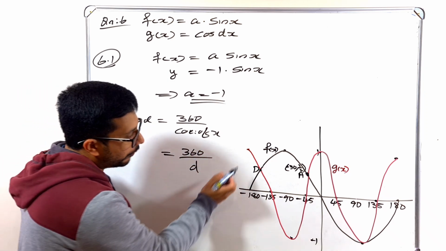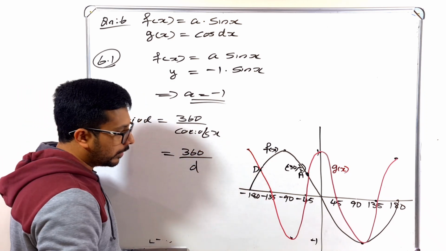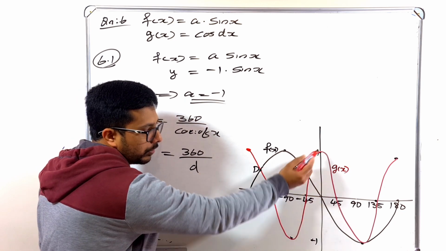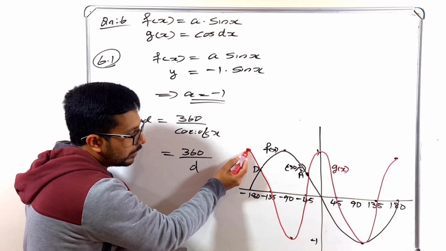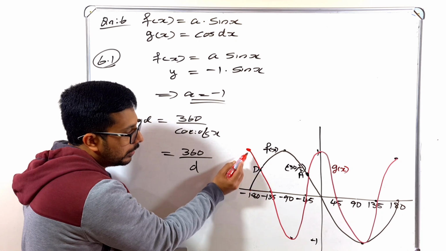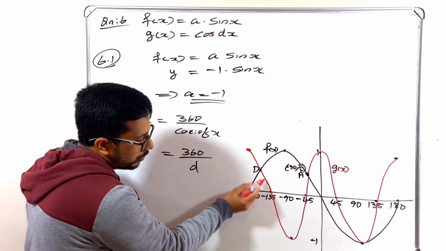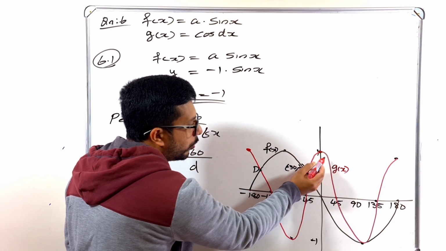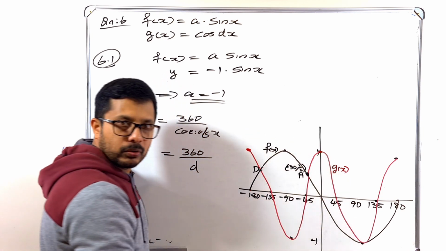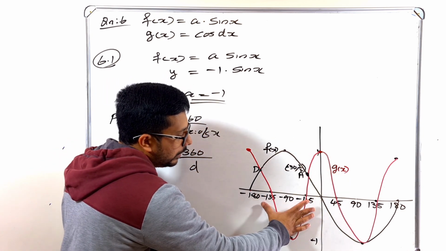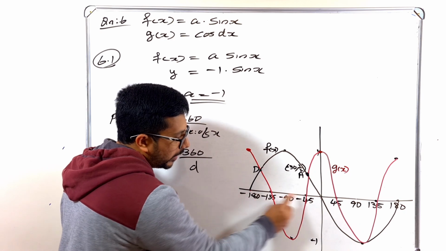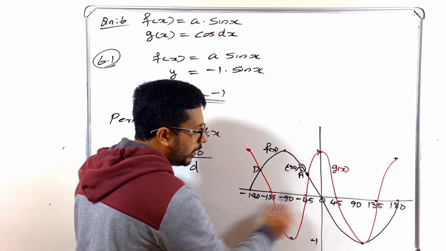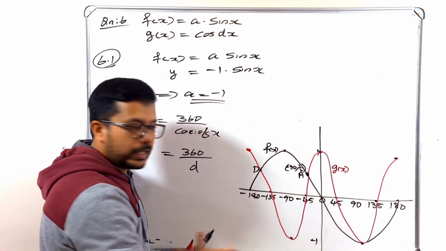So look at this graph, it started here, am I right? I'm talking about the g of x graph, the red one. It started here on -180, then from here it goes down to the minimum, and again it reaches the same point when it is 0. That means what is the period of this graph? From -180 to 0 means it is 180 degrees.